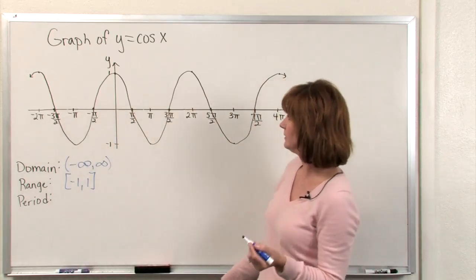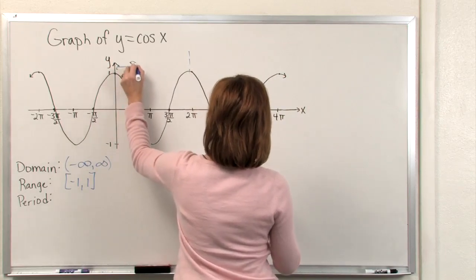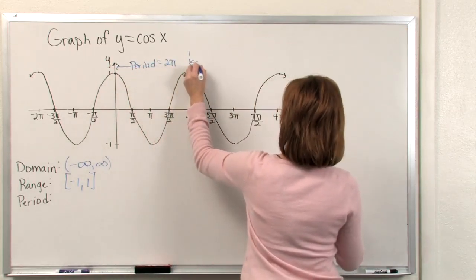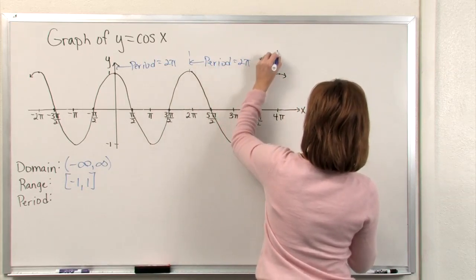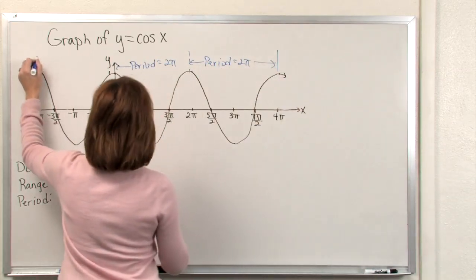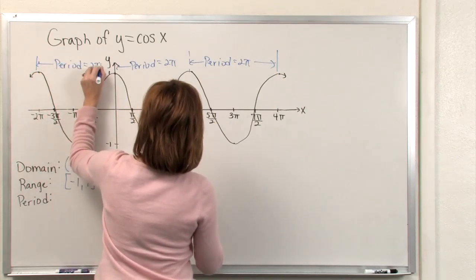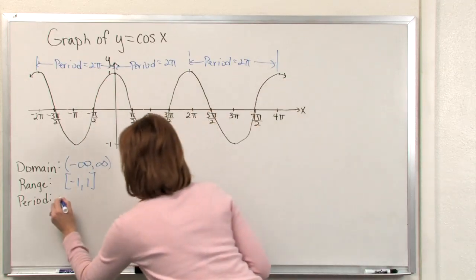The period is 2 pi. We can see here's a period between here, that it repeats itself again here, so here's another period of 2 pi, and then I see another period over here. So the period for the cosine function is 2 pi.